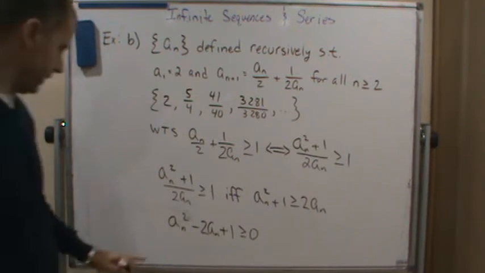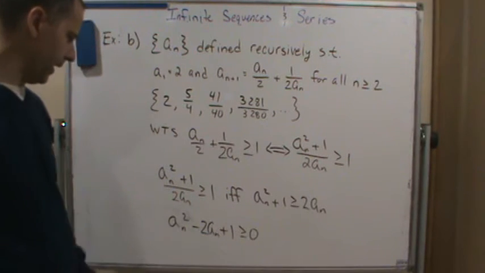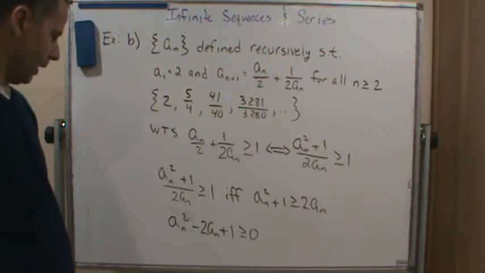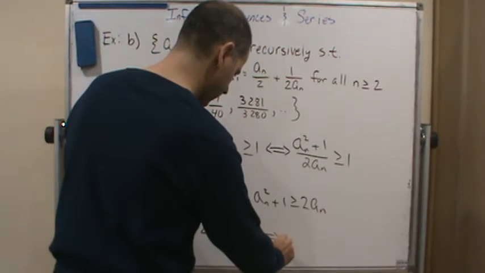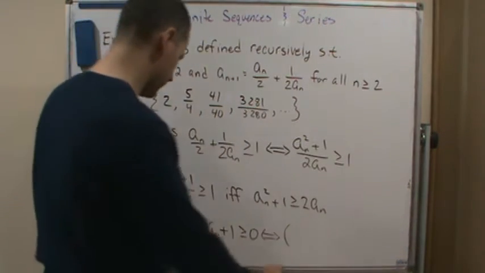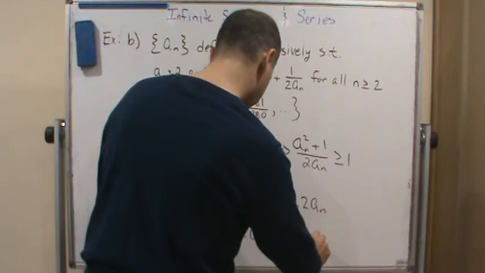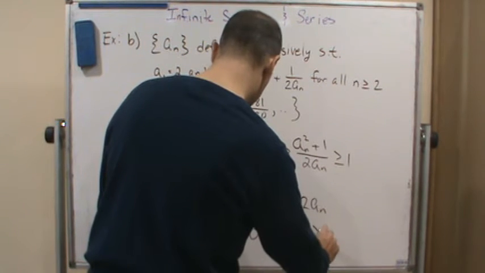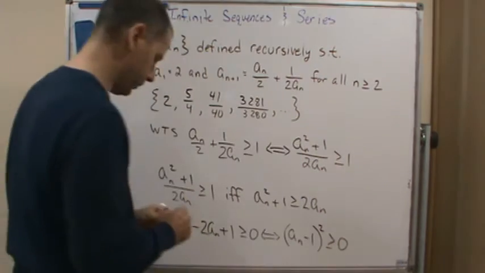Now notice that this here is a perfect square in a sub n, right? So we could rewrite this as a perfect square. This would be a sub n minus 1, quantity squared, is greater than or equal to 0.